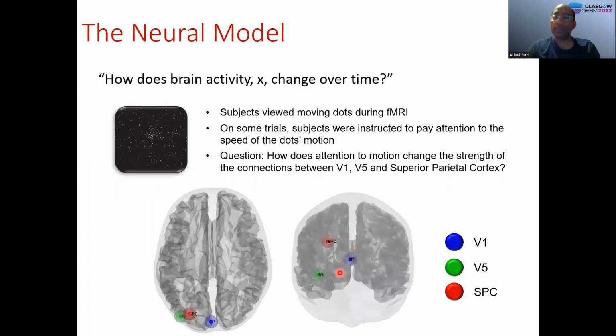So here we start to put together different elements of our model. We have 3 brain regions: V1, V5, and SPC, which we identified using a usual first level GLM analysis. Once we have these brain regions and their time series, we start to put together our generative model.